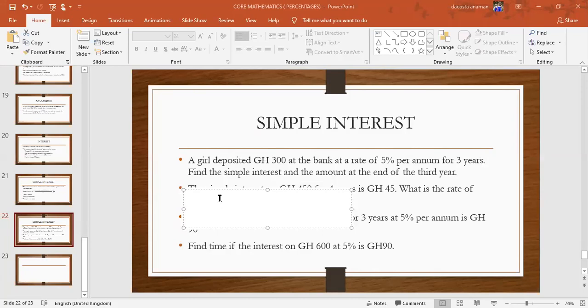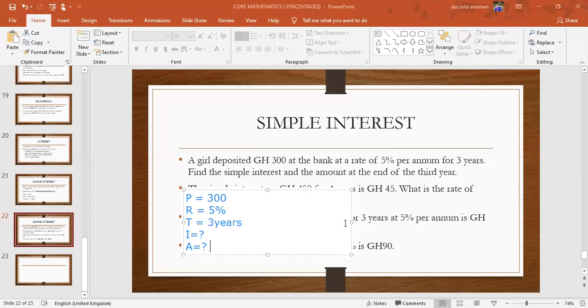We know the girl deposited 300 Ghana cedis, and that's our principal. The rate is 5%, the time is 3 years, and we have to find our interest and the amount.